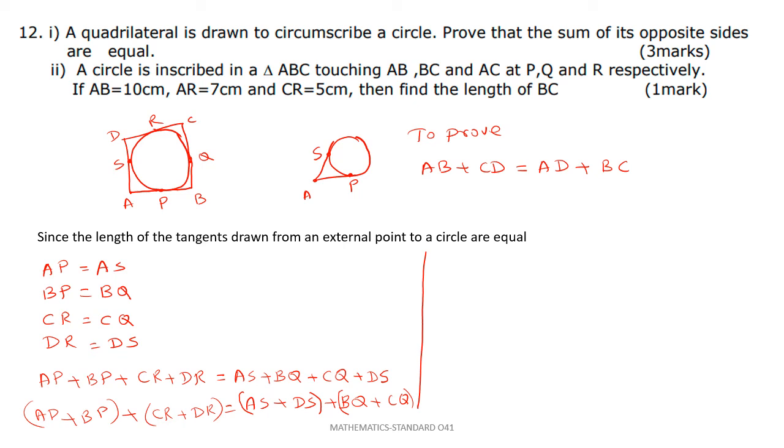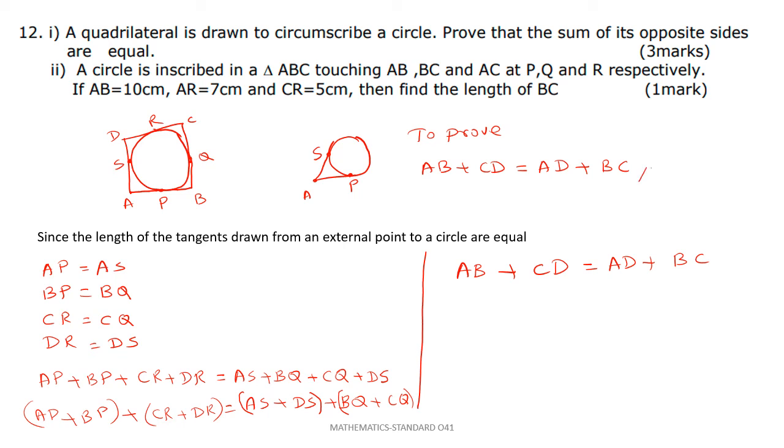Now, AP plus BP is nothing but AB. CR plus DR is nothing but CD. Then AS plus DS is AD. BQ plus CQ is BC.